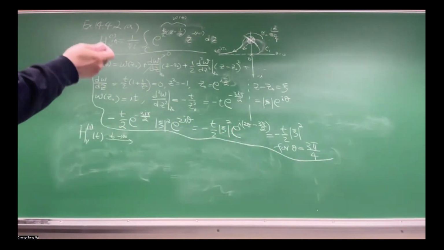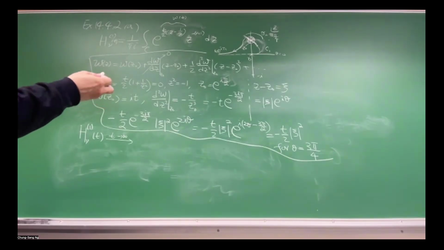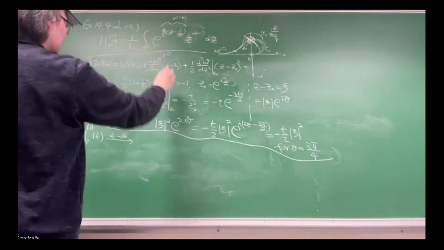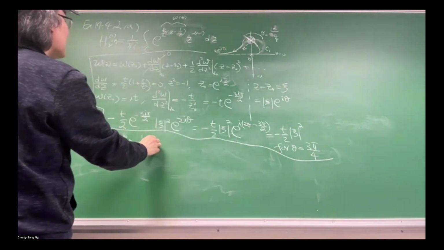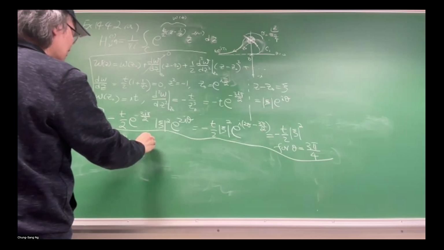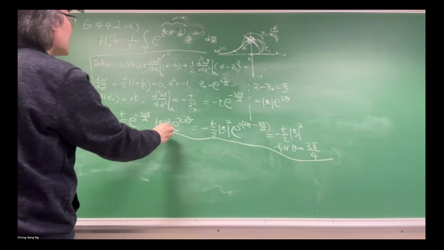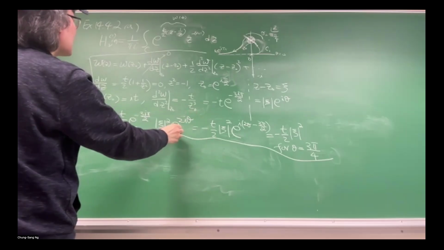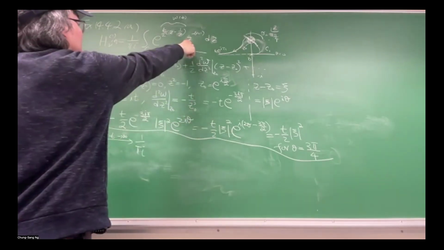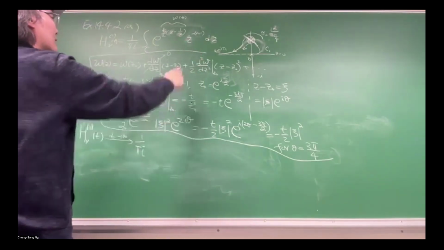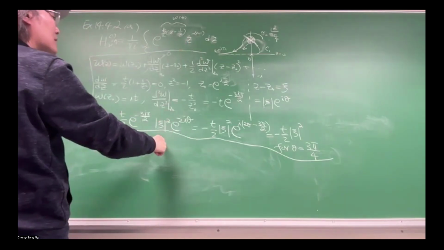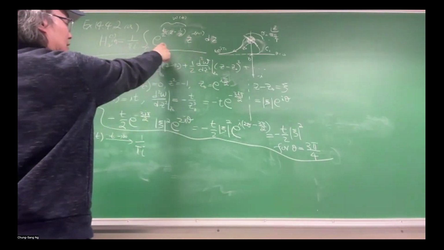Okay, so let's just write this one for pi over i, and this becomes c sub 0. Take it out from the integration. The integration is just the exponential factor.